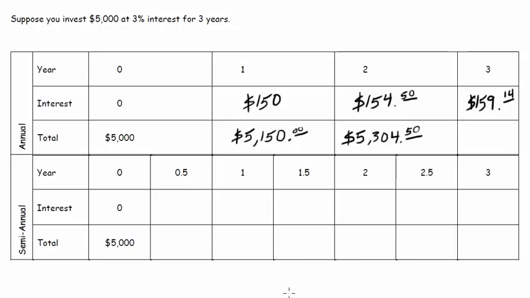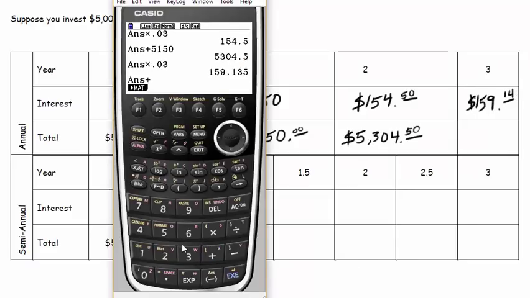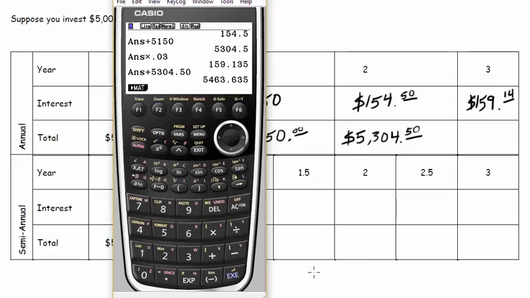And then we're going to add that back to the $5,304.50 I already have, for a total of $5,463.64.